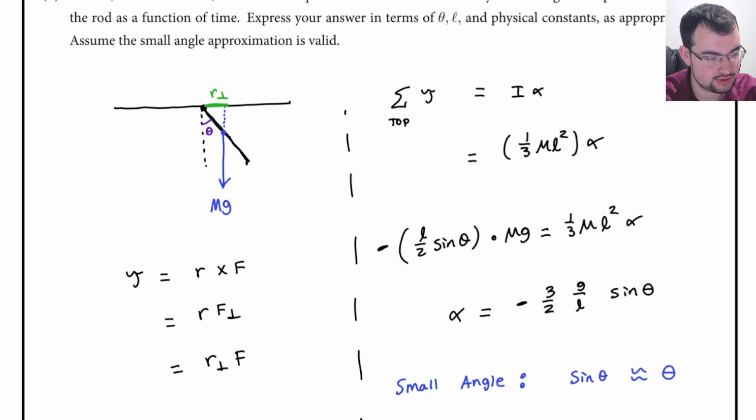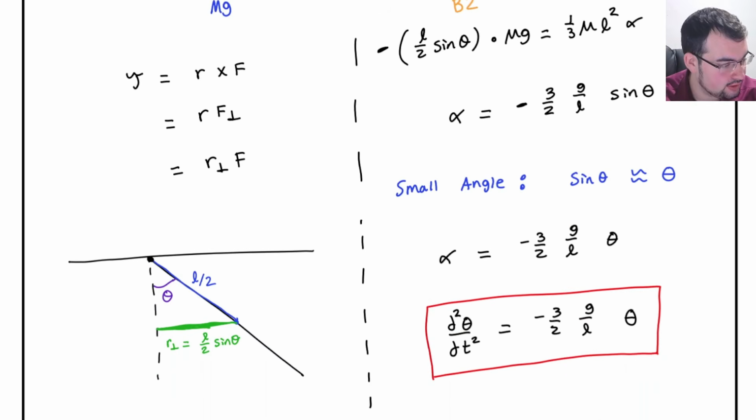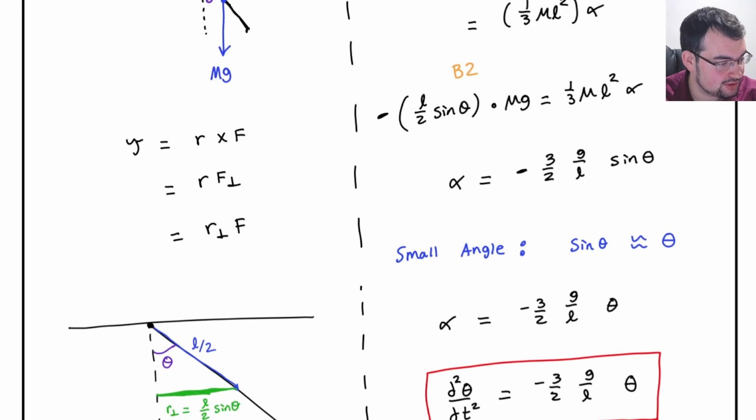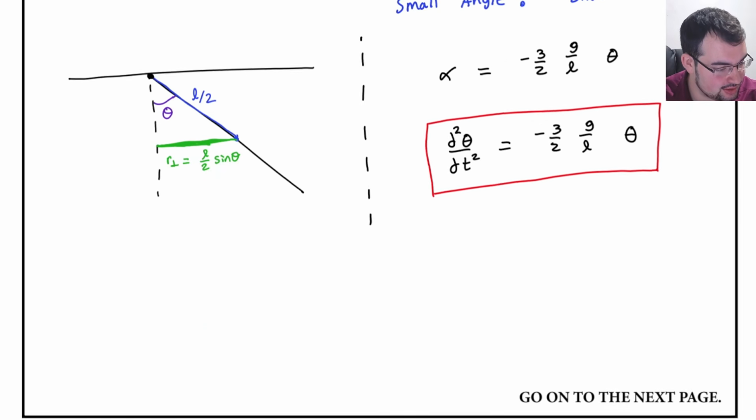Let's go through points. All right, you got a point for Newton's second law for like the third time today. That's B1. You got point B2 for the correct torque, so for somehow getting the correct torque side of the equation, we got that. To get point B3, you had to do the small angle approximation, or you had to recognize d theta dt.